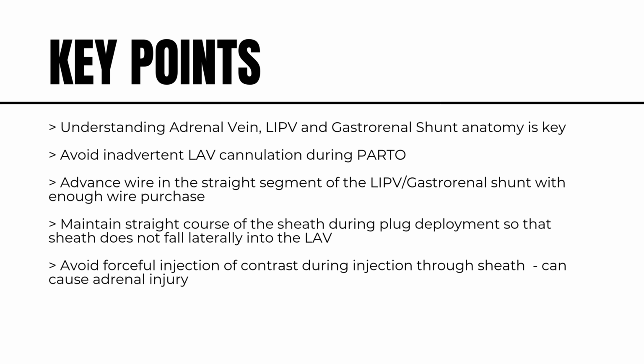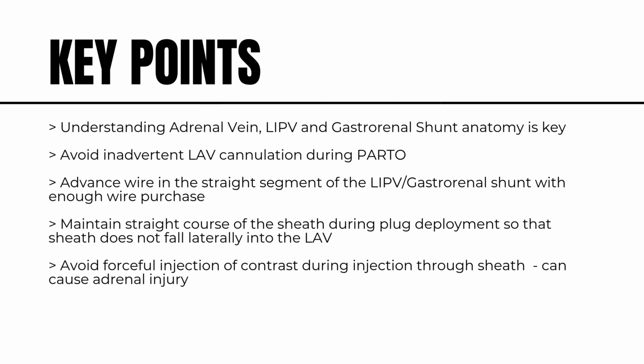Two important points in this. One is that inadvertent cannulation of the left adrenal vein should be avoided during the procedure. The wire should always be parked in the straight segment, that is towards the LIPV or the shunt, and not towards the adrenal vein. Enough purchase of the wire should be taken. Also, maintain a straight course of the sheath at all times.